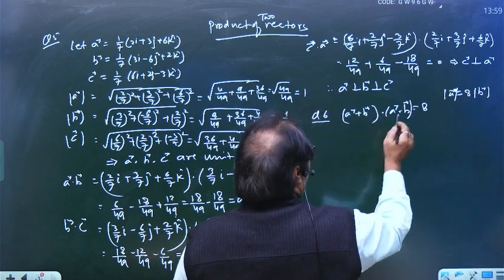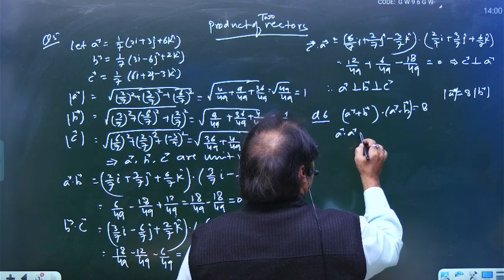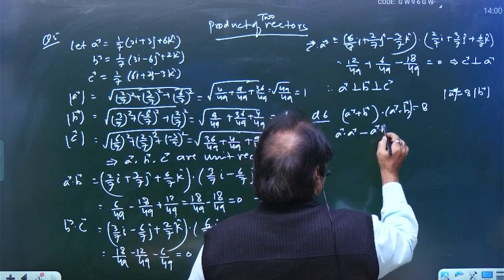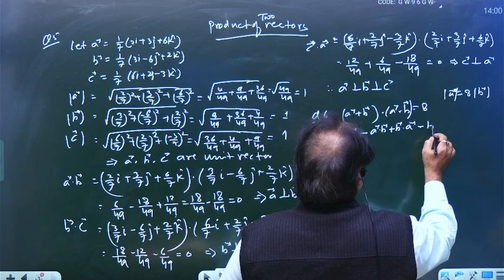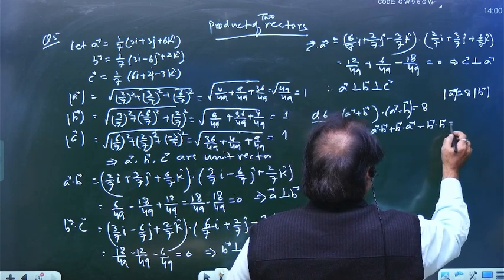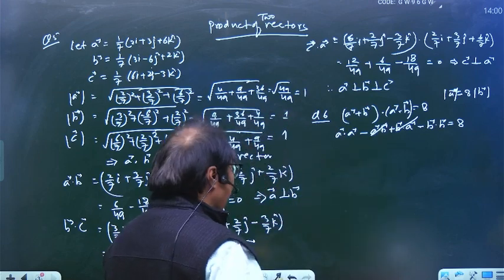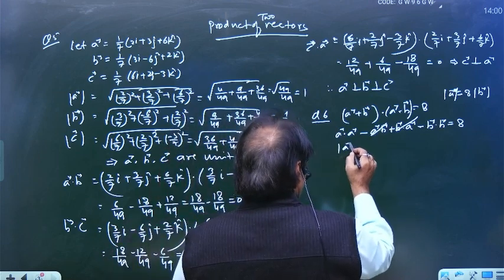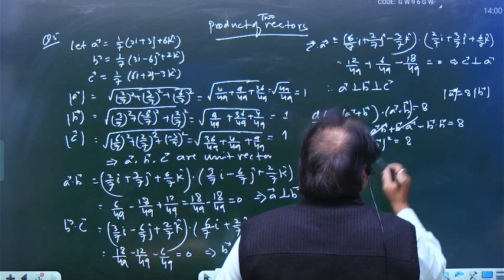So first apply the dot product: A dot A minus A dot B plus B dot A minus B dot B is equal to 8. So the A dot B terms cancel. So this is magnitude of A square minus magnitude of B square is equal to 8.